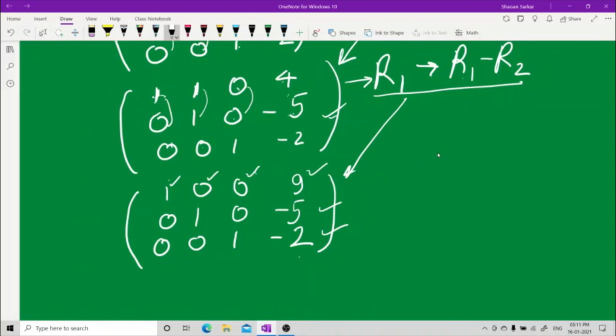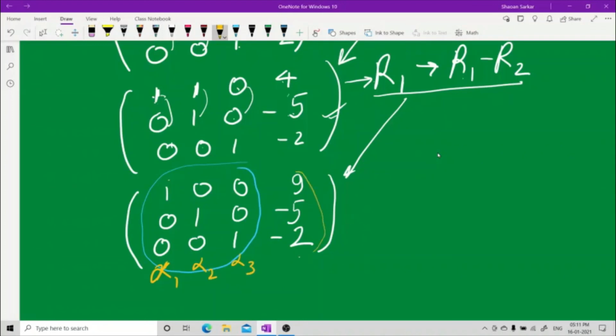Now see one very important thing. The discussion is very, very important for you all. This part has become basically an identity matrix, and this is something different. The first column corresponds to the alpha 1 vector, the second column corresponds to the alpha 2 vector, and the third to the alpha 3 vector.